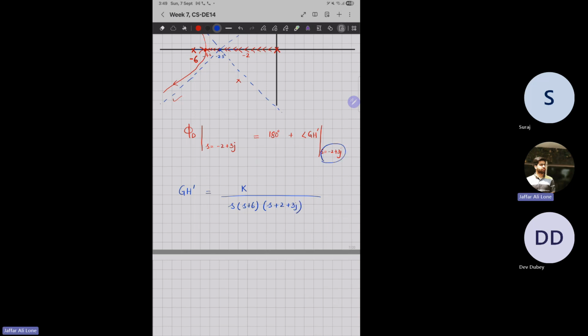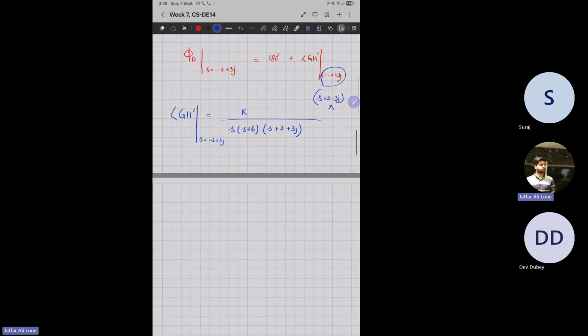I removed the factor S plus 2 minus 3j, and now for the angle I will put S equal to minus 2 plus 3j in this equation.